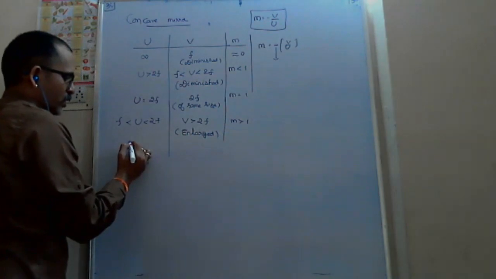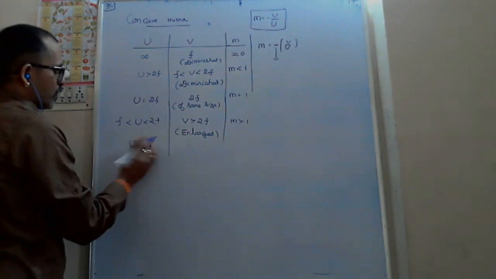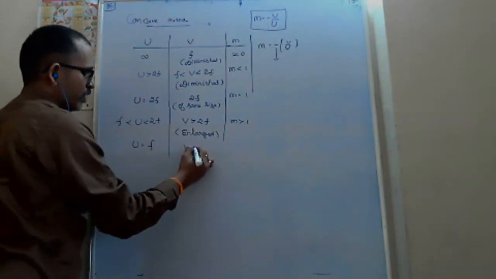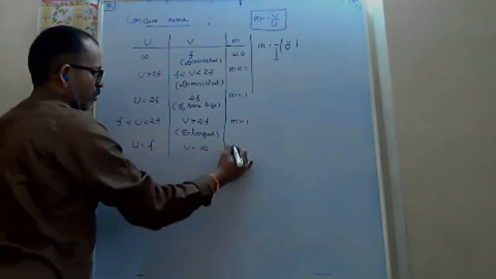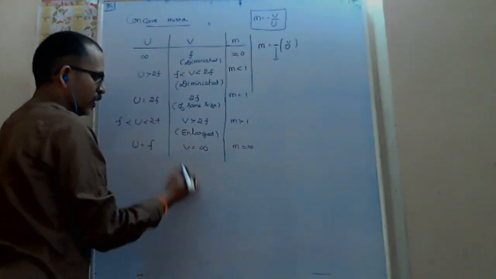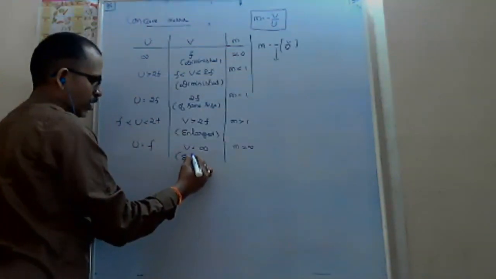And if u equals f, then v equals infinity, and the magnification tends to infinity. Magnification is much more, which means it is also enlarged.